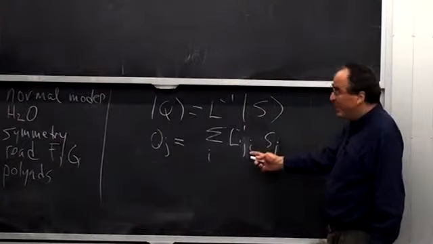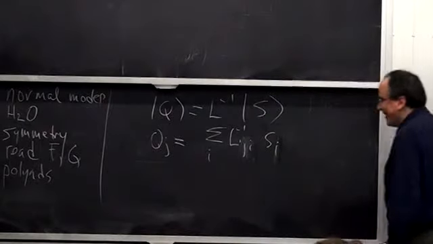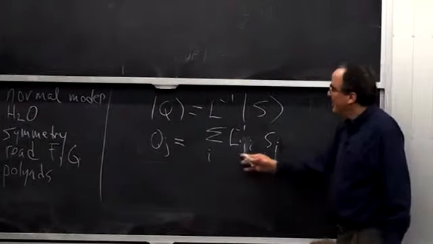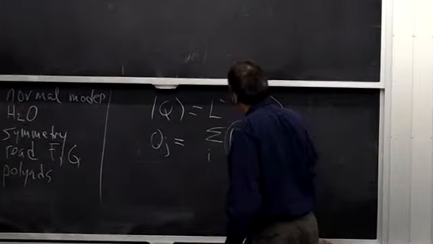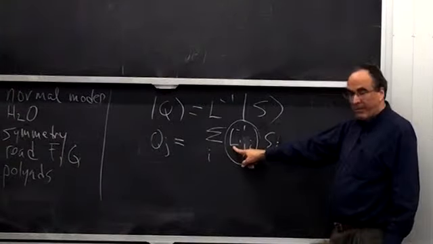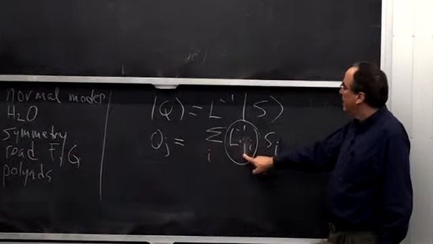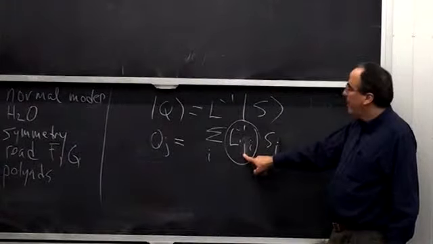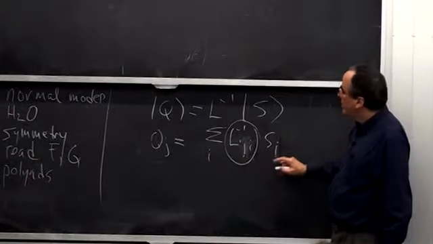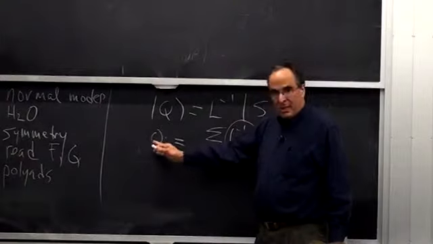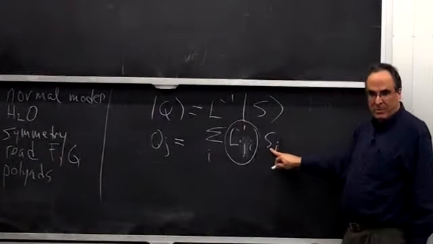This is the rules for matrix multiplication. And this is telling us that if we had this L inverse matrix, what would we do? Well, we would take the jth row of the L inverse matrix, and that would give us the information that we need to construct the jth normal mode from all of the internal displacements.